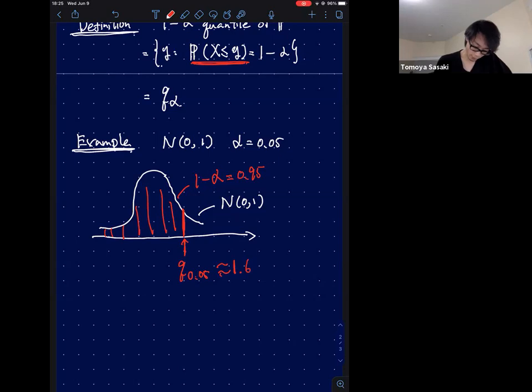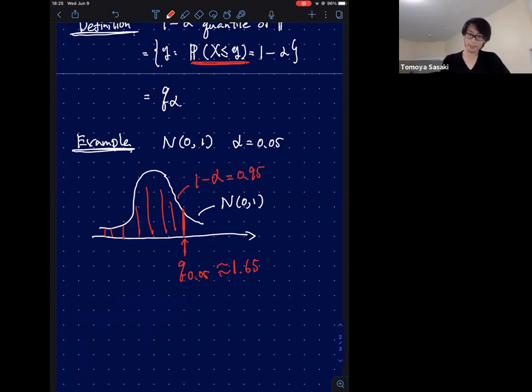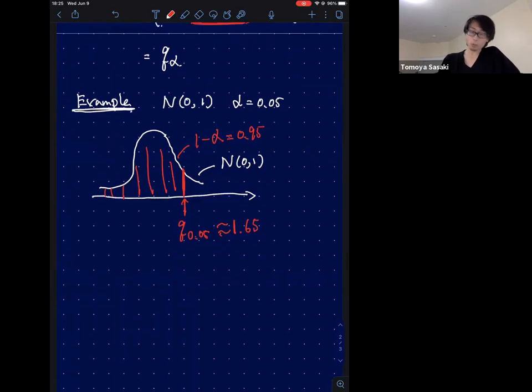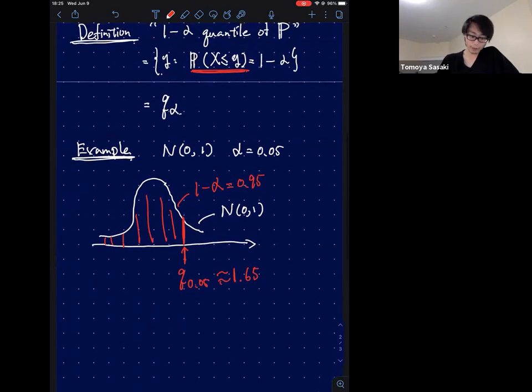Let's say it's 1.65 for now. Thanks, Matteo. Is that the correct pronunciation? Okay, thanks for answering. So this is the quantile 0.05 of the normal distribution, which is 1.65. This is one example of a quantile.